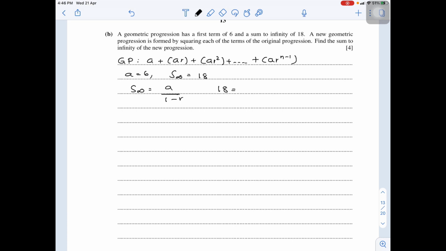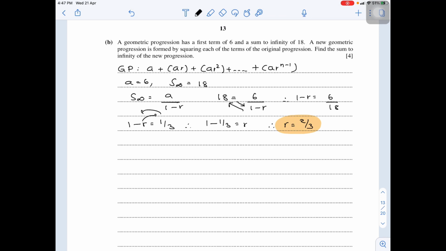Now S infinity is A over 1 minus R. So 18 equals 6 over 1 minus R. Therefore 1 minus R is 6 over 18, so 1 minus R is 1 over 3. Sending R there, 1 minus 1 over 3 is R. R is 2 over 3.